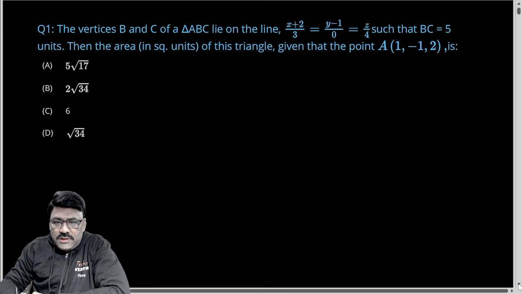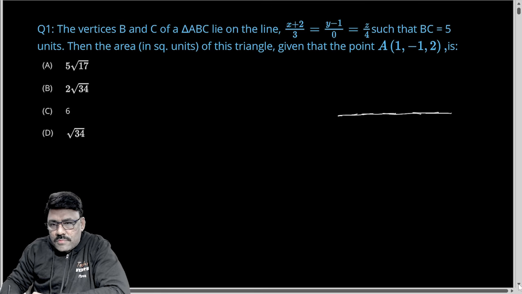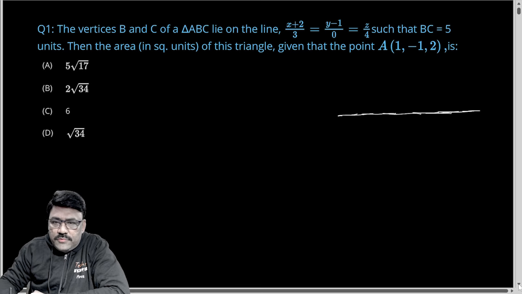So they have given you a line, and we have a triangle ABC like this. This A point is also given.